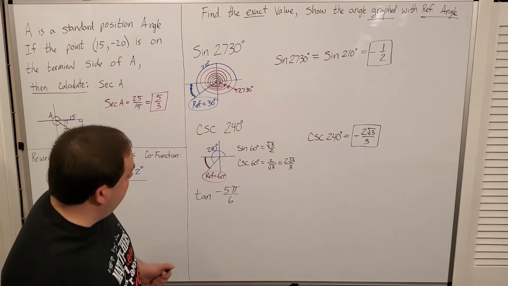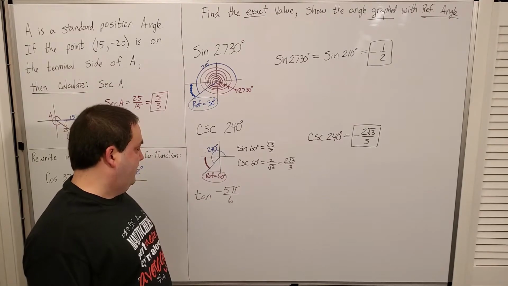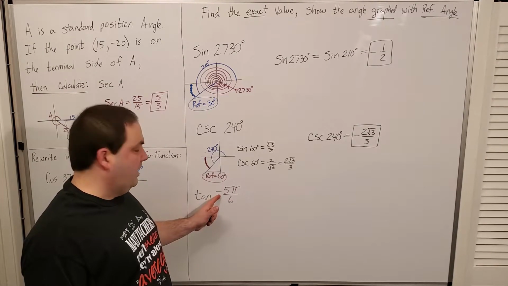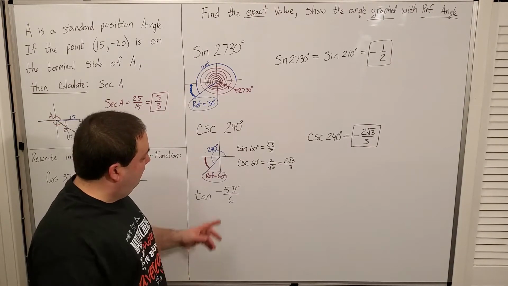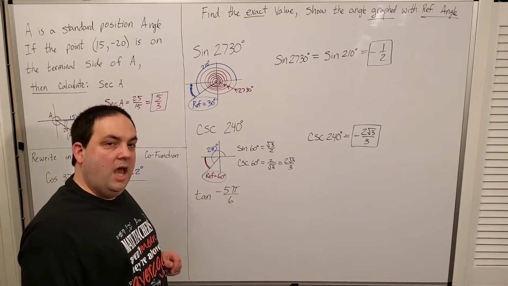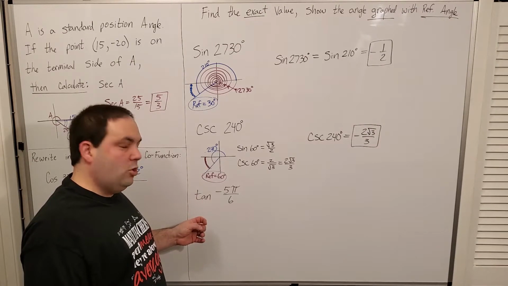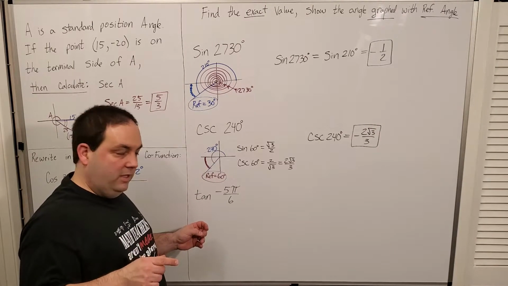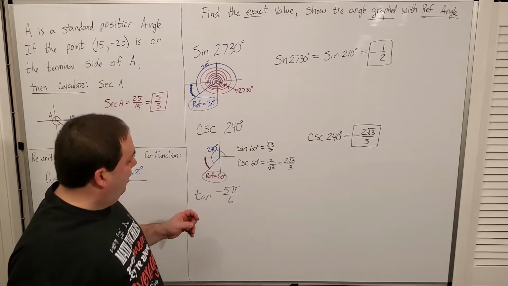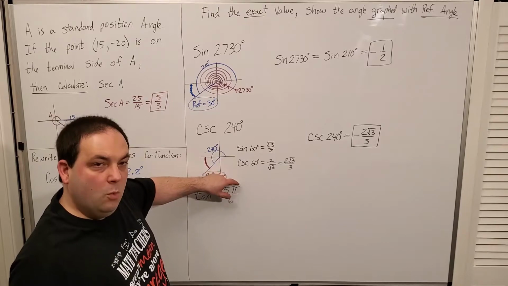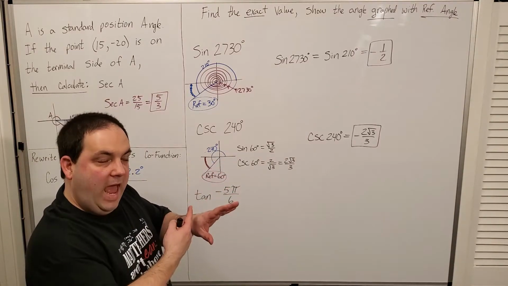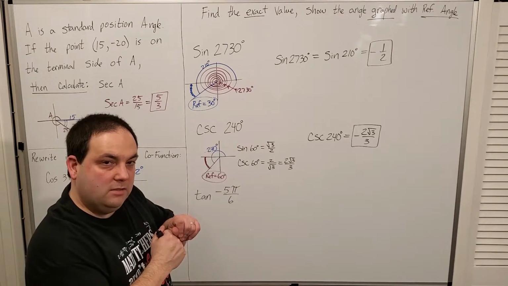Lastly, I have the tangent of negative 5 pi over 6. Now that's a negative angle, which means I'm going to rotate clockwise. And 5 pi over 6, I know is going to, again, land me in quadrant 3, but negatively. Okay? How do you know that? Well, 5 over 6 is less than 1. And 1 pi is exactly half of a rotation in radians.